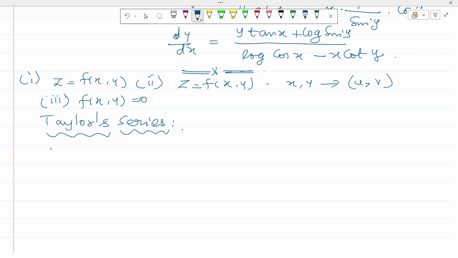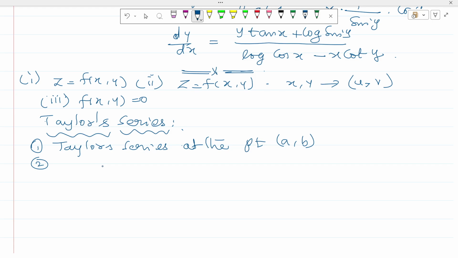Even I have announced this in the class. For example, Taylor series, there are two types of the Taylor series. One is Taylor series expansion at the point a comma b.